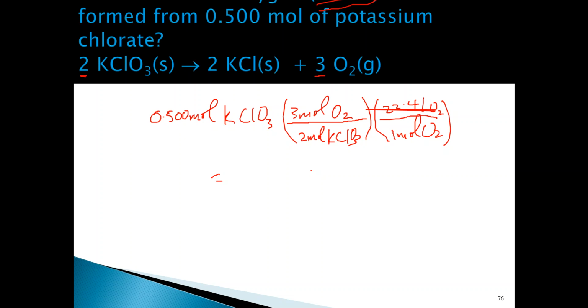According to my calculations, when rounded off to 3 significant figures, this gives you a final answer of 16.8 liters. Let me do that again just to be sure. 0.5 times 3 divided by 2 times 22.4. Yes, 16.8 liters of oxygen would be the final answer. So basically, that's how that is done.